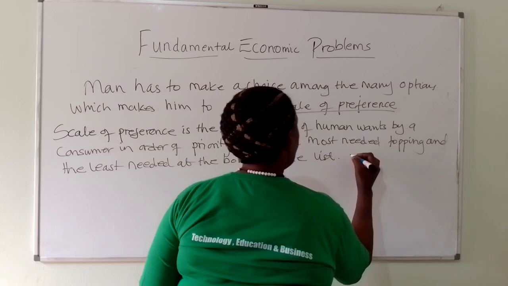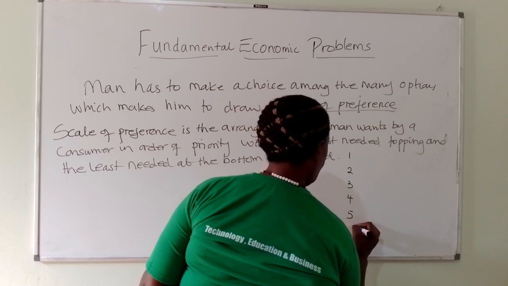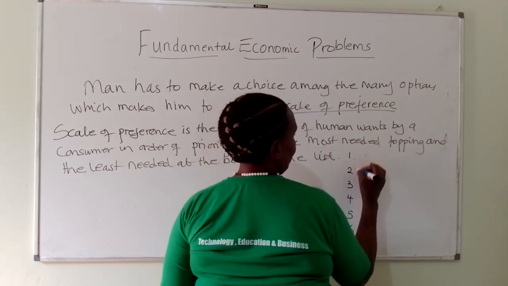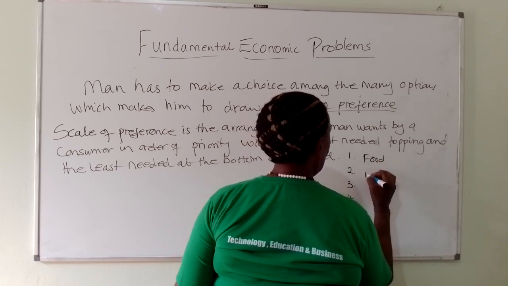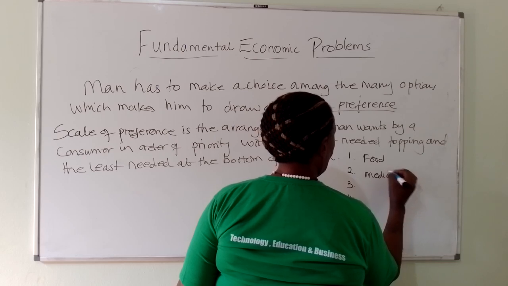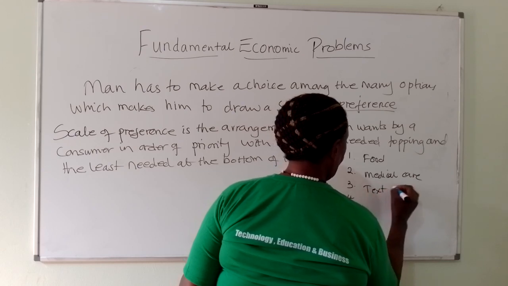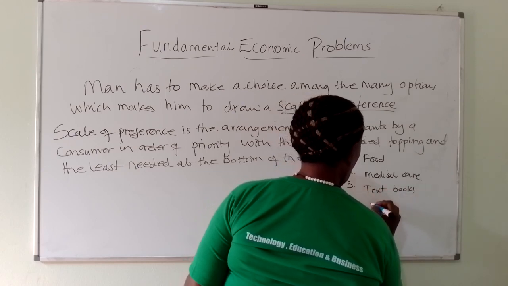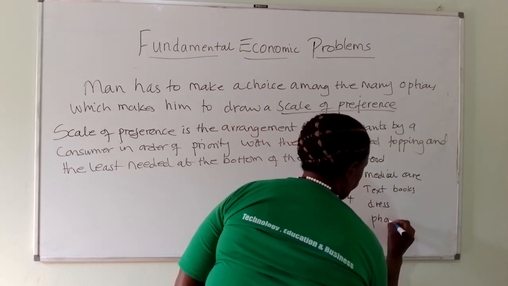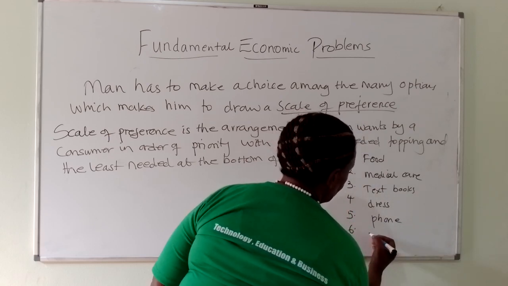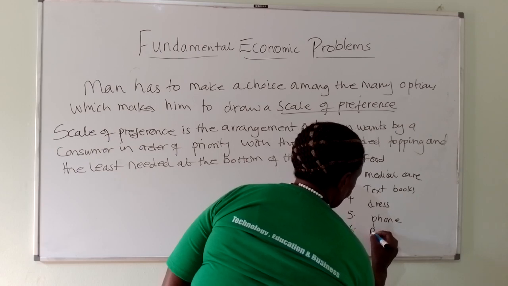You can have an example: 1, 2, 3, 4, 5, 6. On your list of wants as a consumer, there may be food, medical care, maybe I also need some textbooks, maybe a dress, maybe a phone, and maybe a bike.